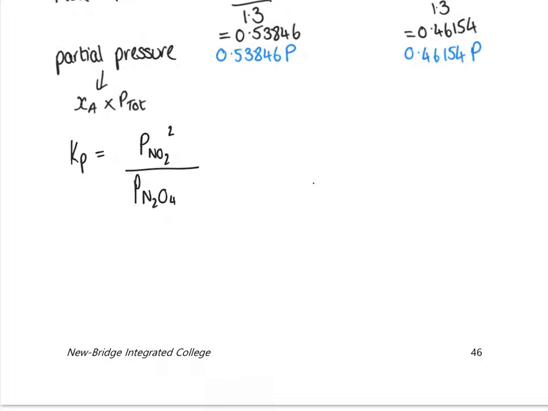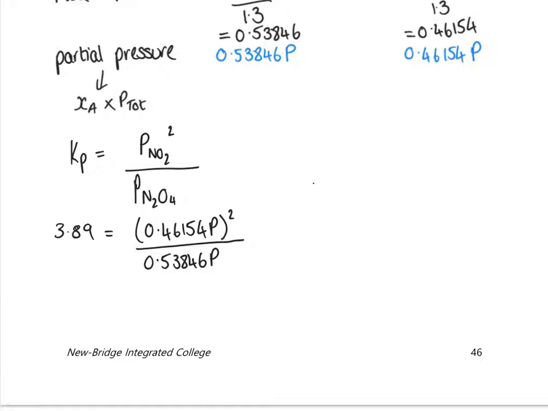Subbing in my values, the partial pressure of nitrogen dioxide is 0.46154 P, and that's all squared, over 0.53846 P. That's the partial pressure of dinitrogen tetroxide. The question tells me that Kp is 3.89.